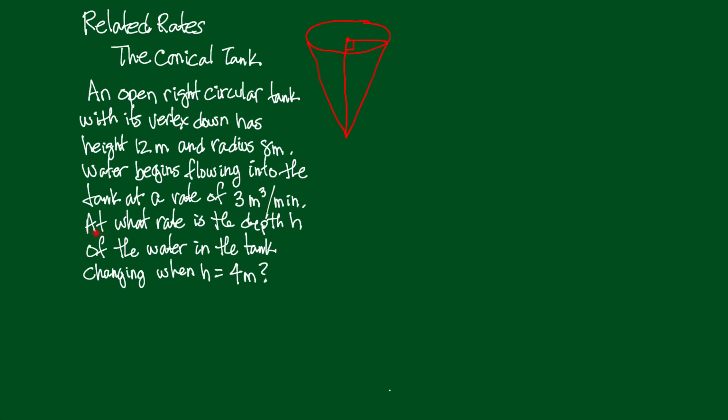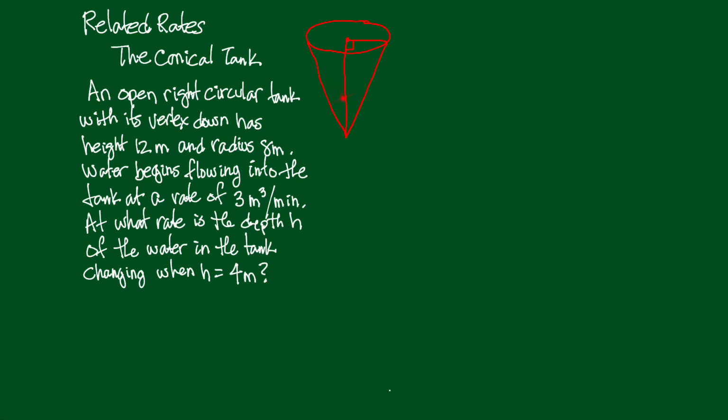Now what else? At what rate is the depth of the water in the tank changing when the height is already 4 meters? Okay, so let's see what we have here. We're going to have water flowing into this tank at 3 cubic meters per minute, and as water flows into the tank, the height changes.